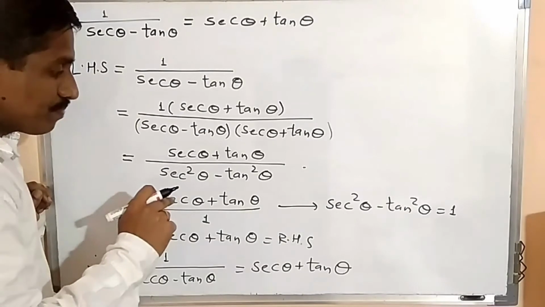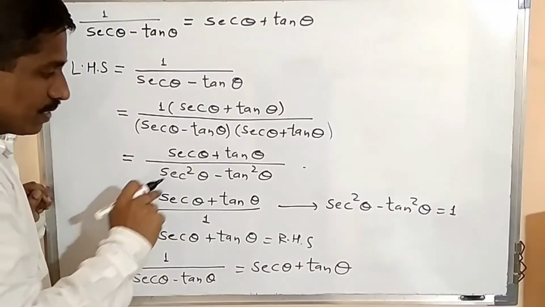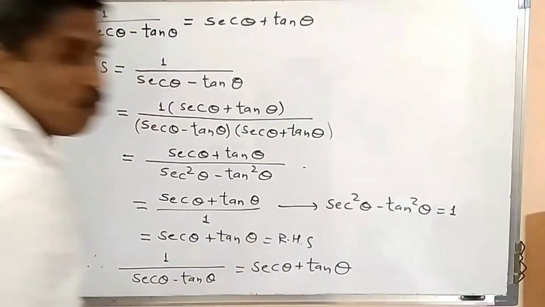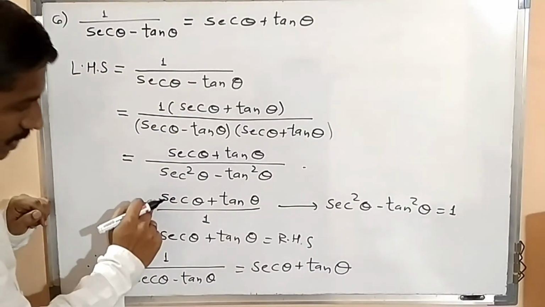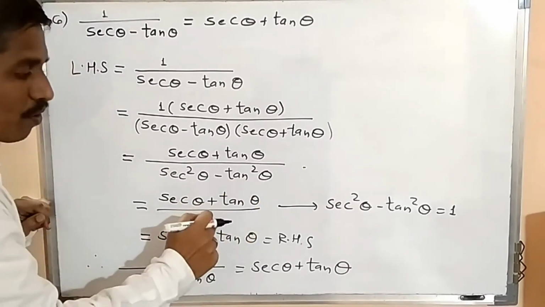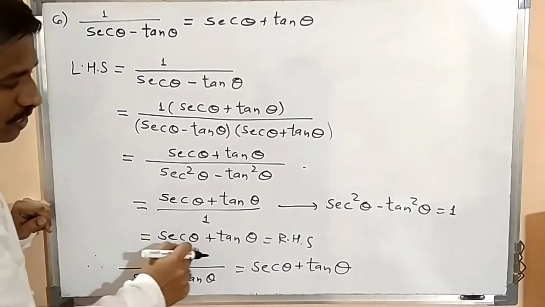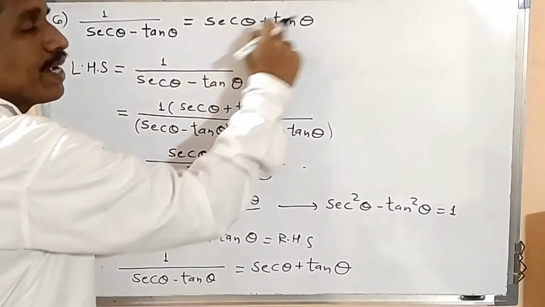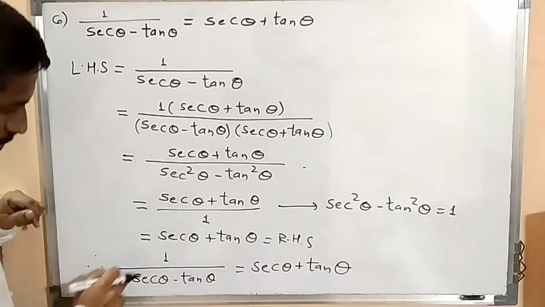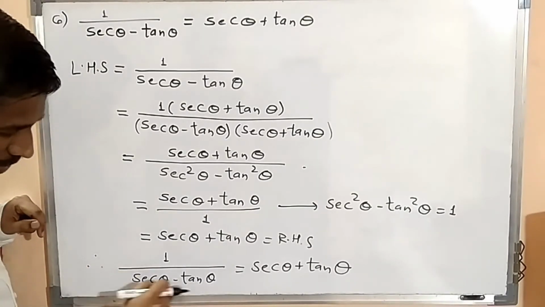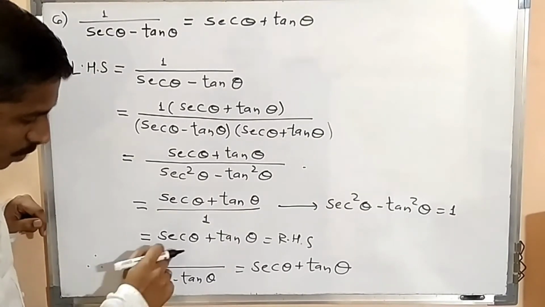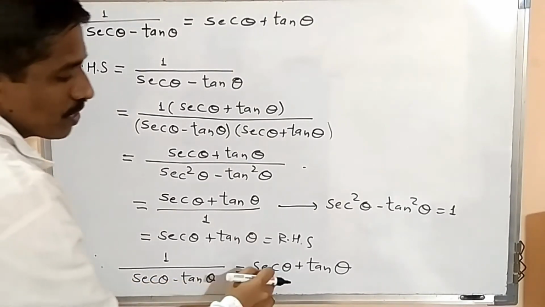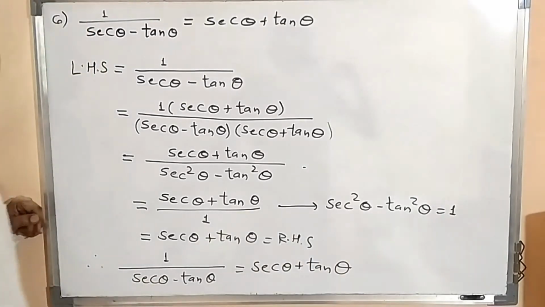And I know that there is identity sec square theta minus tan square theta is equal to 1. So what I will get? Sec theta plus tan theta upon 1. That is equal to sec theta plus tan theta, which is equal to right hand side. Thus, we have proved 1 upon sec theta minus tan theta is equal to sec theta plus tan theta.